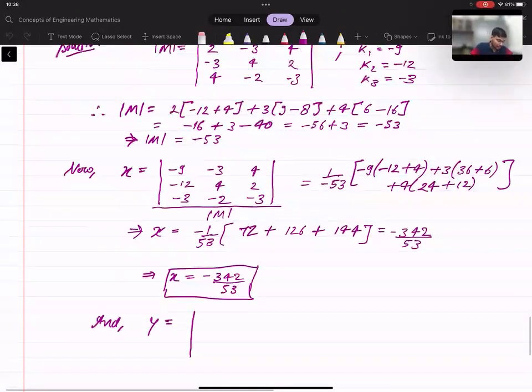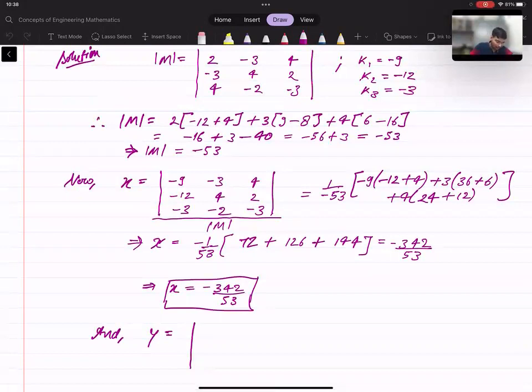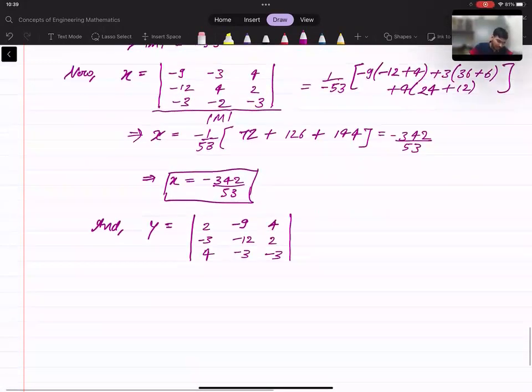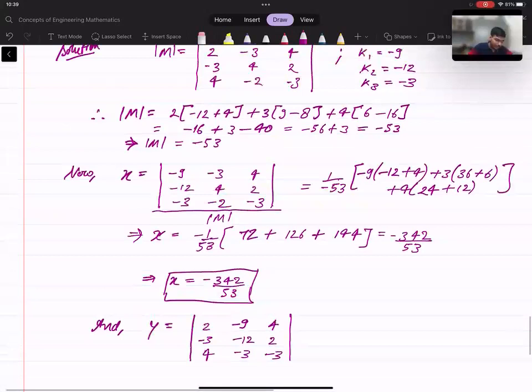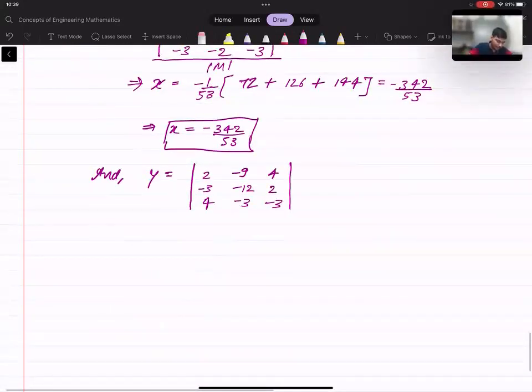So we have 2, minus 3, 4. Here we will put minus 9, minus 12, and then minus 3, and the last column will be unchanged. So 4, 2, and minus 3. And in the denominator we will put the determinant of m, which is minus 53.